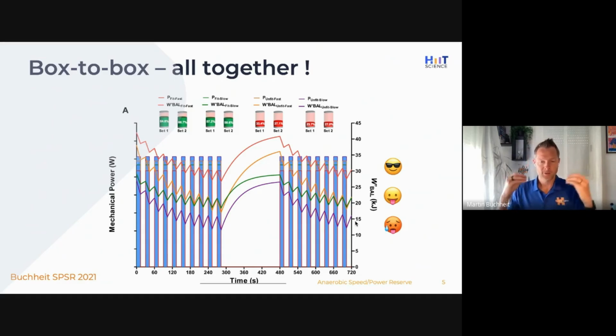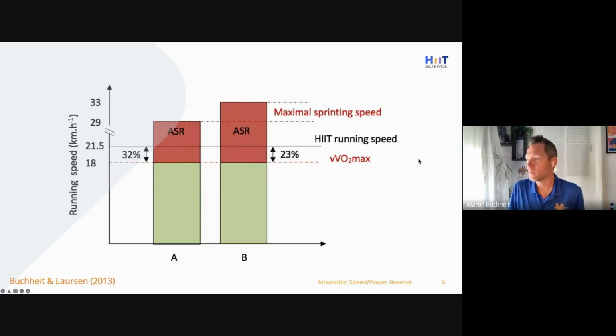So with a different profile, or the same type of hybrid profile but different capacities in terms of absolute performance, they obviously respond differently. What's happening here is that we have guys exercising at different percentages of their own reserve, because we have asked them all to do the same.